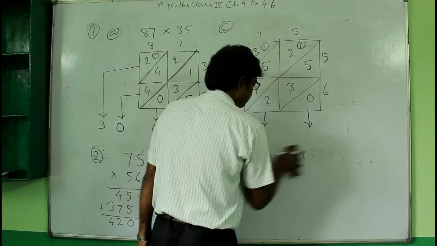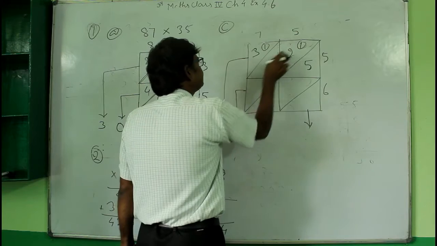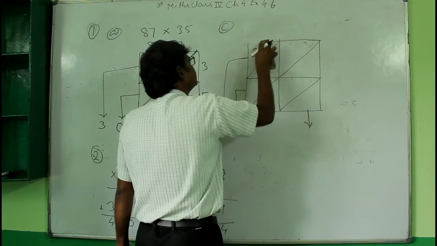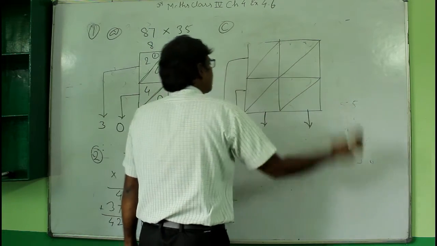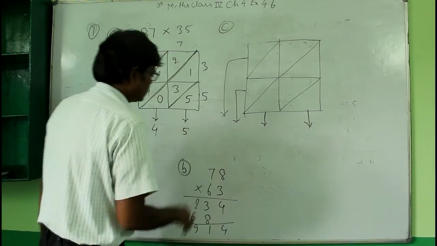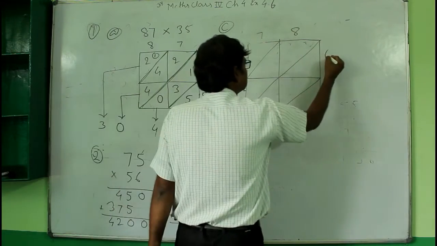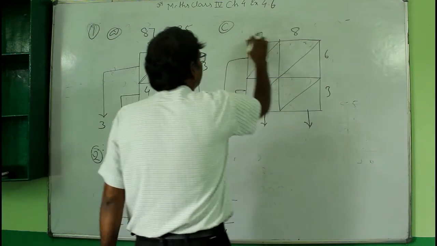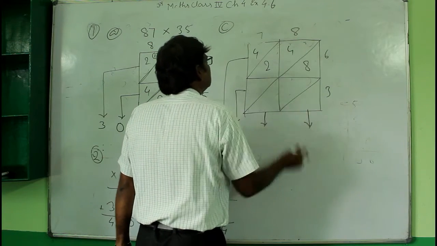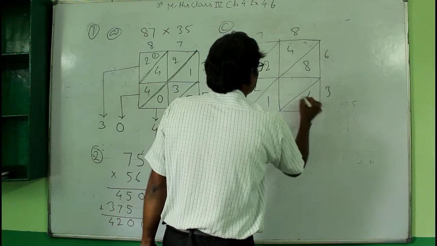Here I will use the same table; you just erase the numbers and fill in the new numbers. The first number is 78, so write 7 and 8, and the other number is 63, so write 6 and 3. Then 7 times 6 is 42, write 2 here and 4. 8 times 6 is 48, then 7 times 3 is 21, and 8 times 3 is 24, and write 4 and 2 here.